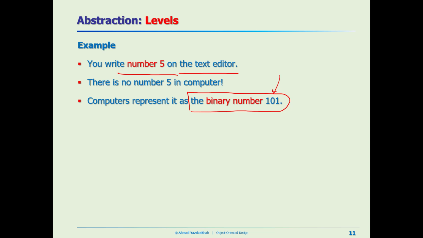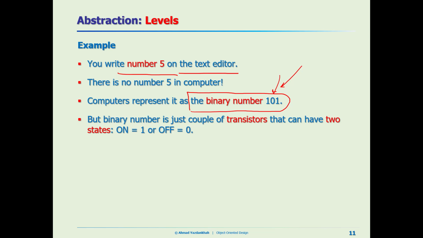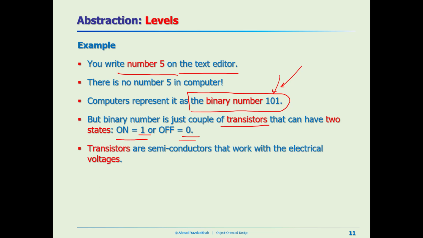But in reality, the computer doesn't even know what 101 is, because all of the ones are transistors that have two states, on or off. When it is on, we call it 1, and when it is off, it is zero, right? But what is a transistor? Transistors are semiconductors that work with electrical voltage and current, right?